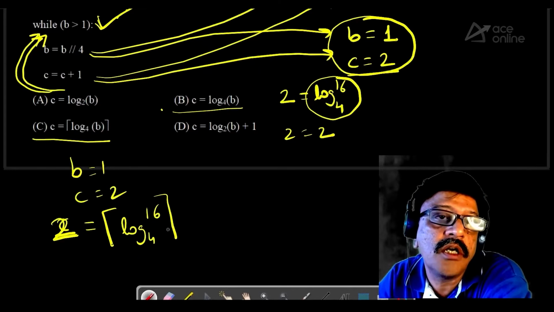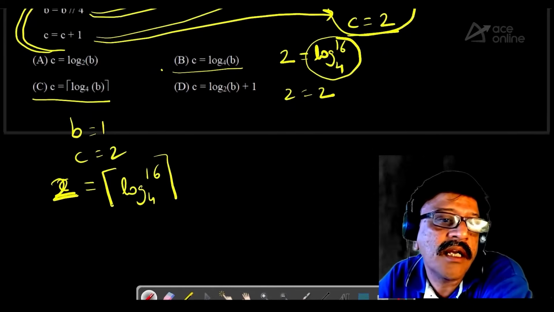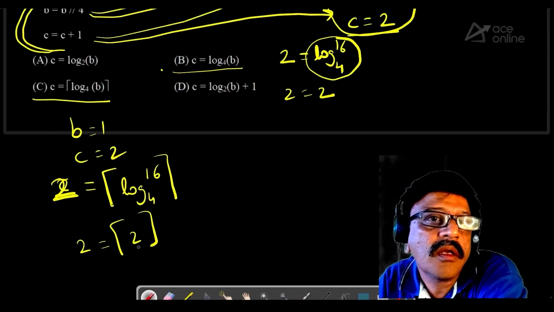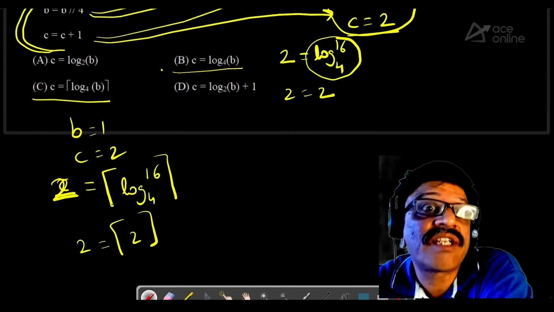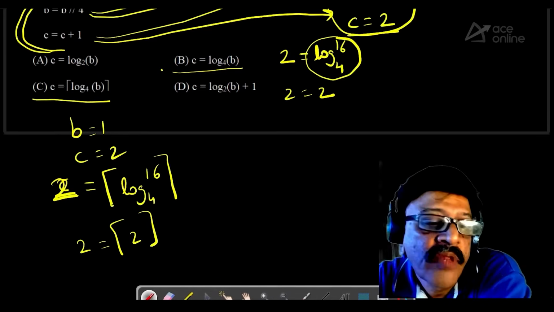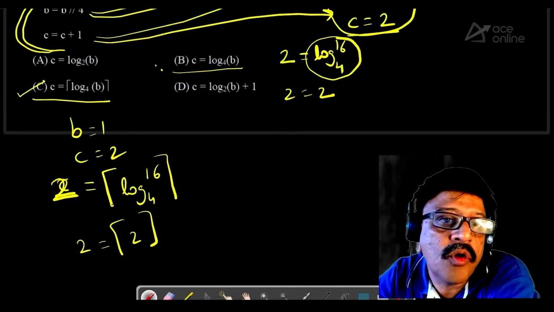What is log of 16 to the base 4? It is 2, correct? 4 square is 16. So 2 is equal to ceiling of 2. Ceiling of 2 is 2. It is the next integer which is nearest to whatever you have written in the parameter. So 2 equal to 2. So even this option seems to be correct, both options.